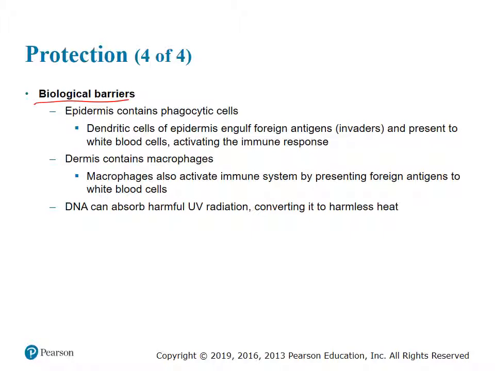So along with the chemicals that get produced to block other living organisms, other microorganisms, we've got cells in place to actually migrate and destroy any microorganisms that do pass through those barriers to try to enter into deeper tissue. We know what dendritic cells are, right? Dendritic cells are migrators in skin.